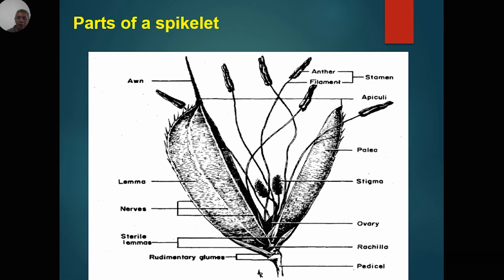And when the fertilization process is successful, the ovary wherein the ovule is present grows, and that is the reason why the grain will be filled, and of course the starch and other nutrients.